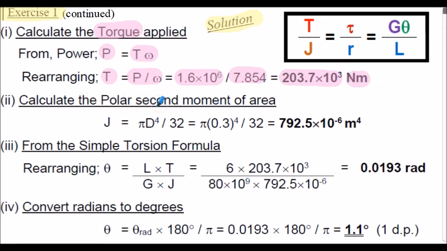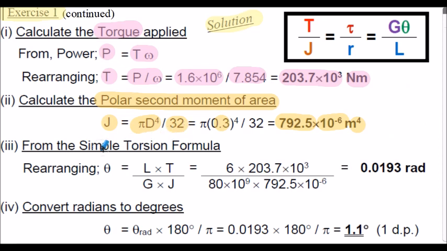Next, we're calculating the polar second moment of area, that's the J symbol, and for a solid circular section, we know that's pi d to the 4 divided by 32. Inserting our diameter in meters here, J is 792.5 times 10 to the negative 6 meters to the 4.